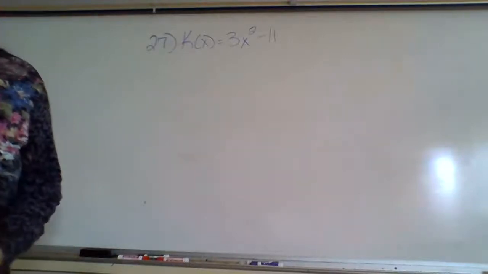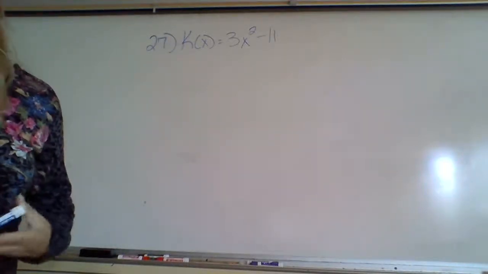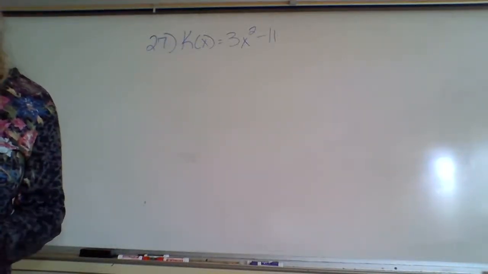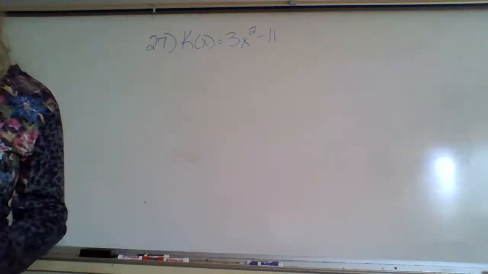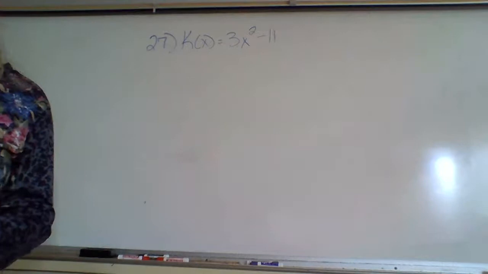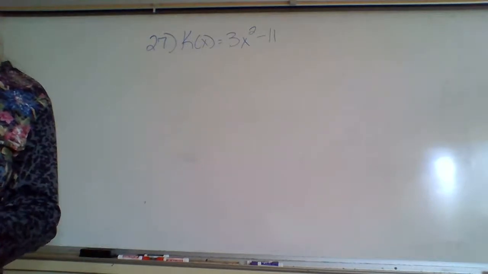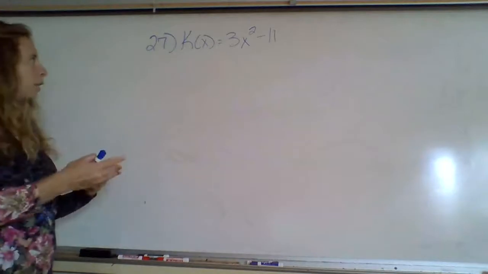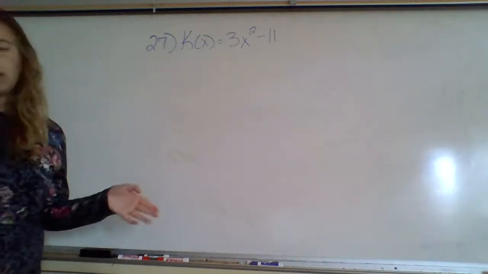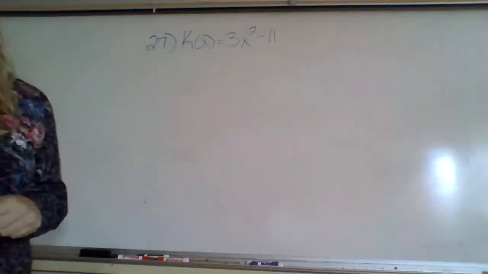19 through 27. It says if the given quadratic function can be factored, then factor and provide the x-intercepts. If you cannot factor the function, then use the quadratic formula. So if you can factor it, do so. That's easier than using the quadratic formula.